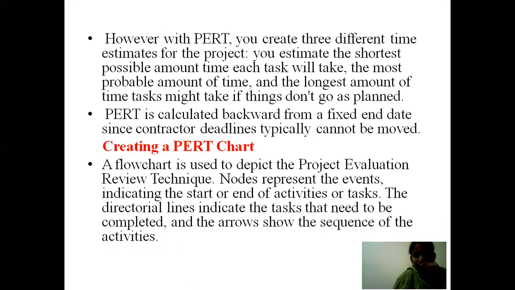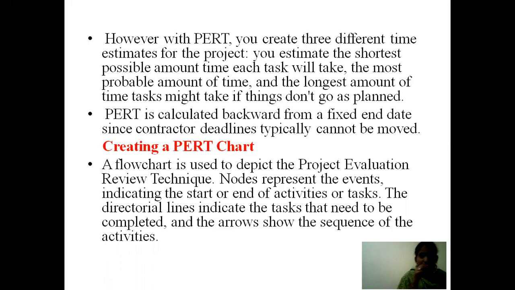However, with PERT, you are going to have three different time estimates for the project. You estimate the shortest possible amount of time each task will take, the most probable amount of time, and the longest amount of time a task might take if things don't go as planned.